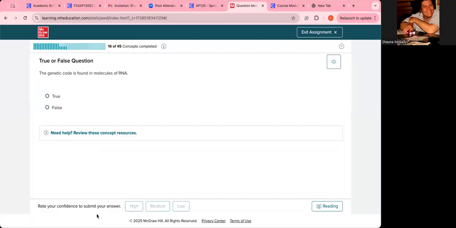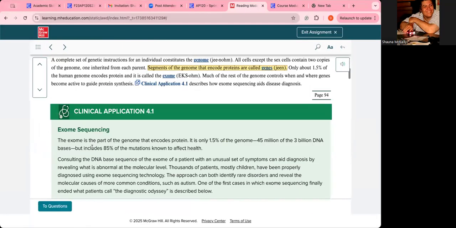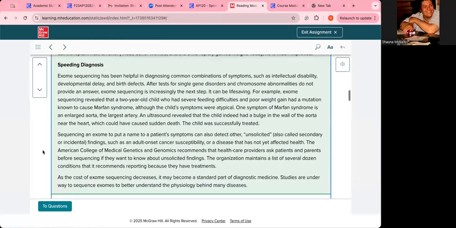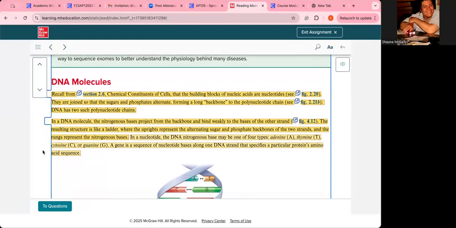The genetic code is found in molecules of RNA. Okay, keep going.